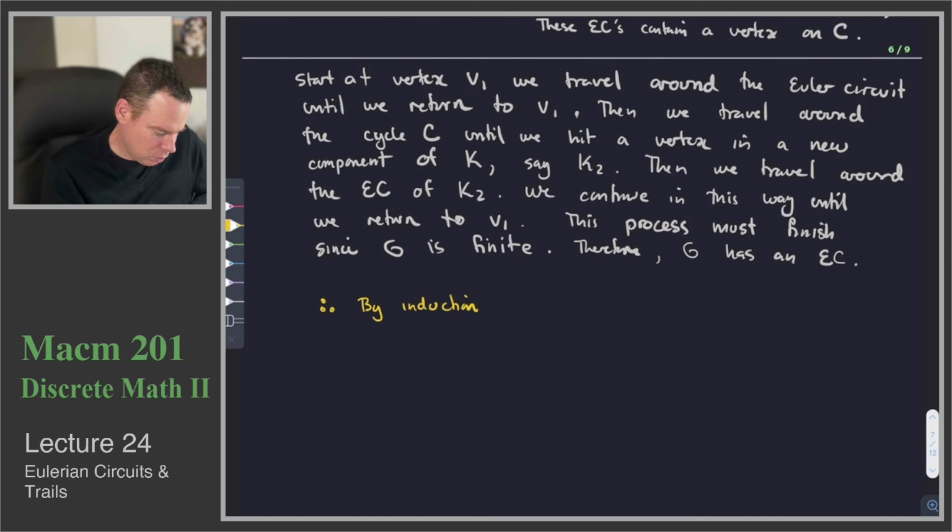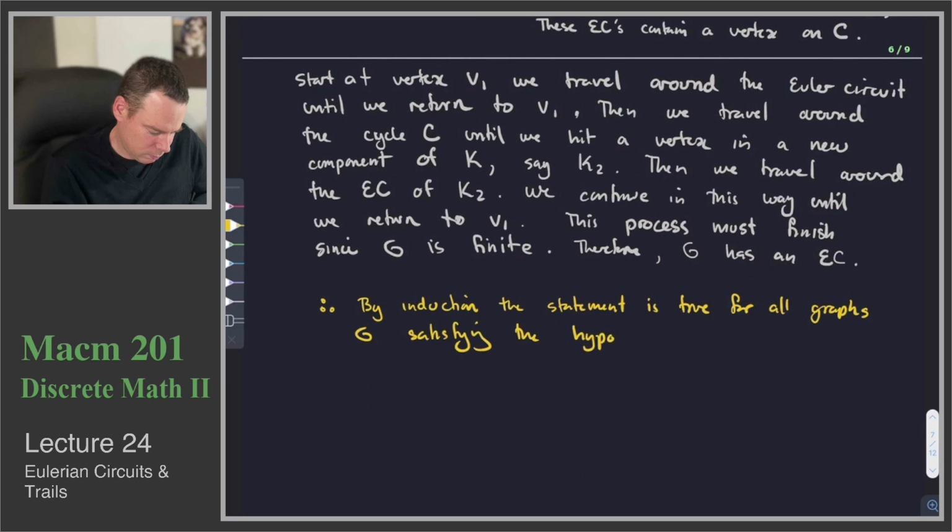So by induction, the statement is true for all graphs G satisfying the hypothesis. And so that marks the end of our proof.